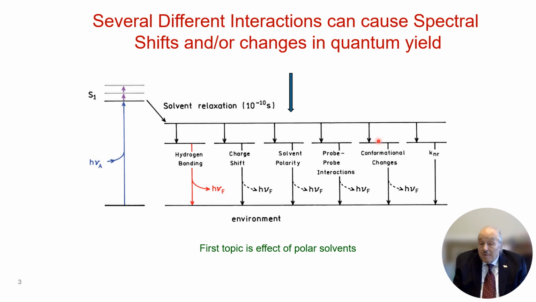You can have conformational changes or structural changes of the probe. And then the ubiquitous non-radiative rates that take the fluorophore to the ground state by pathways that we don't know anything about. And these probably affect a lot of the changes we see, but we don't know how to calculate them.